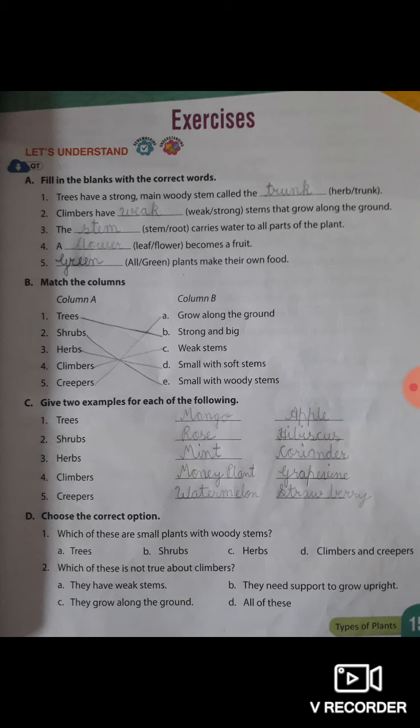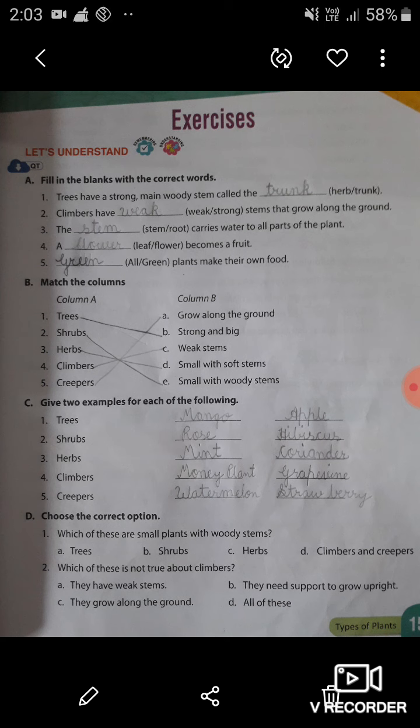Now the next one is shrubs. Small with woody stems. So small plants with woody stems are called shrubs. So here you have to match the shrubs with small with woody stems.